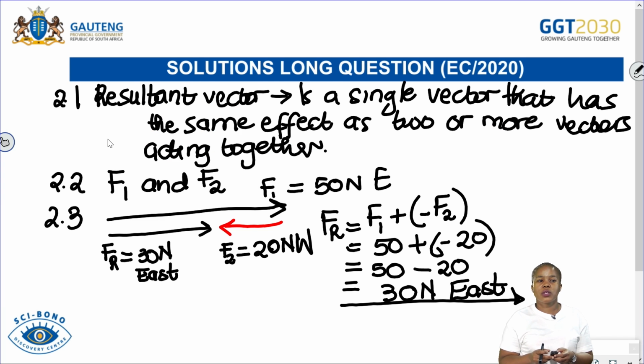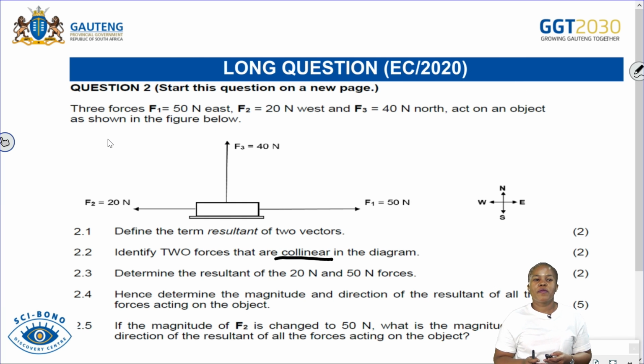Okay, so let's look at 2.4. It says, hence determine the magnitude and direction of the resultant of all the forces that now are acting onto this object. We've already found the horizontal resultant, which means we know the collinear vectors as 30 newtons.